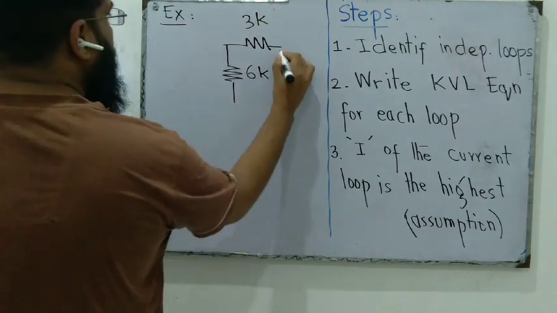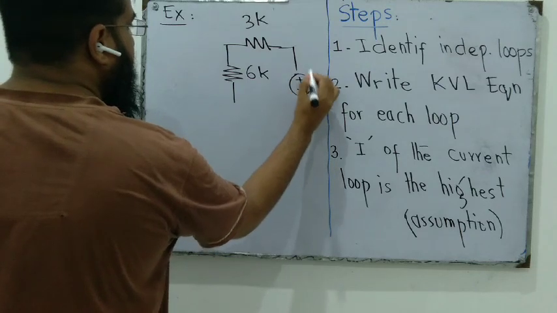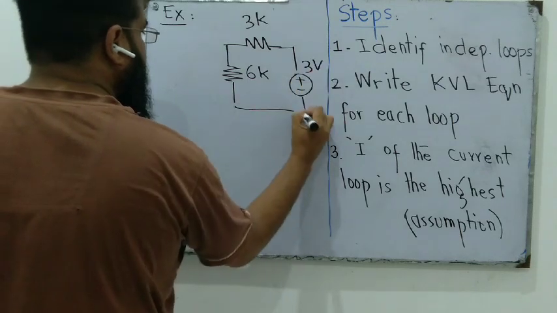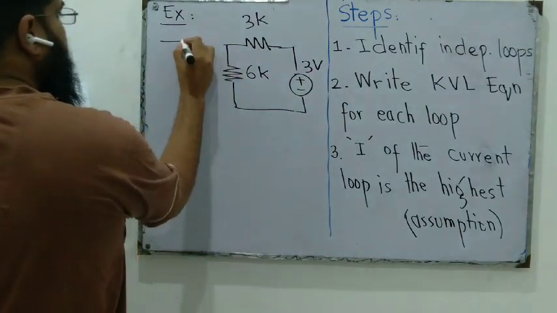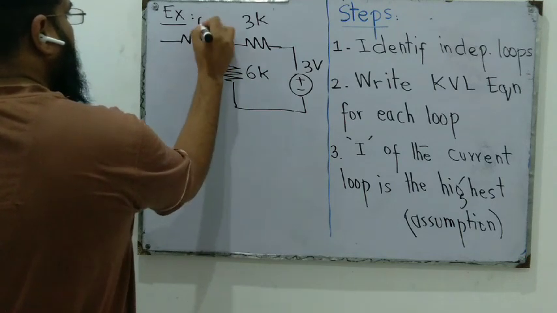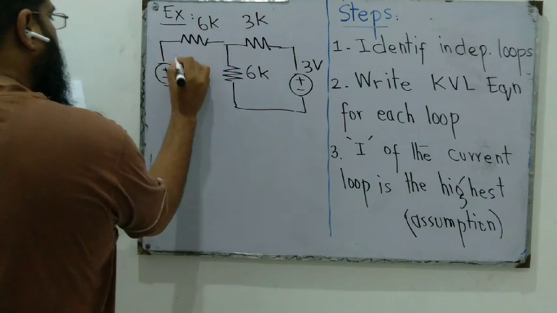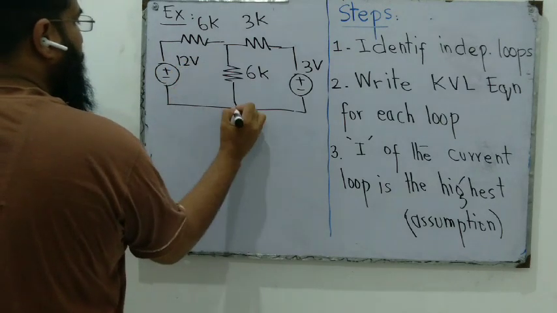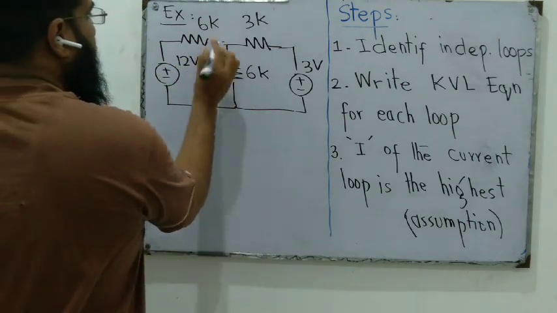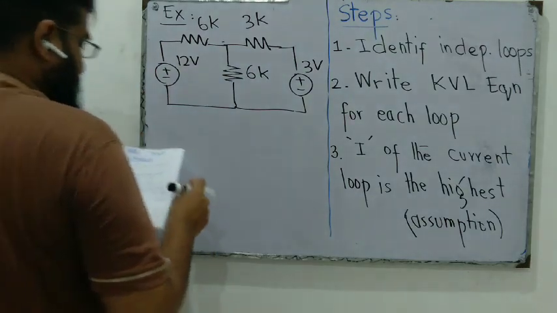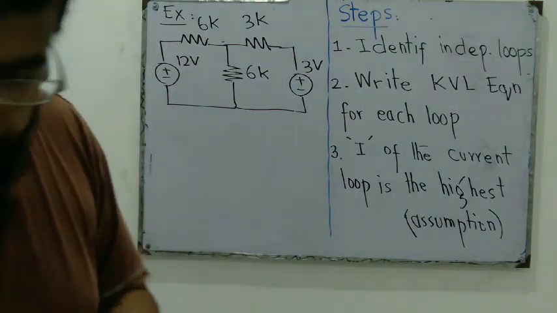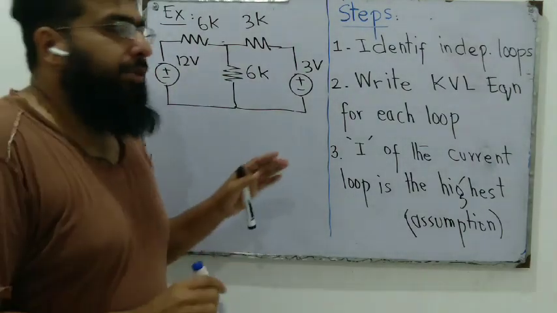We have a two loop circuit having resistors and two voltage sources, one voltage source in each loop. Let's assume currents for these two loops.